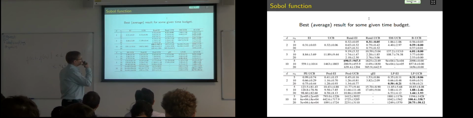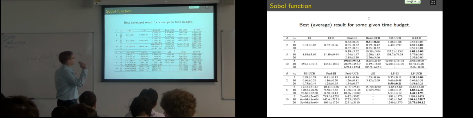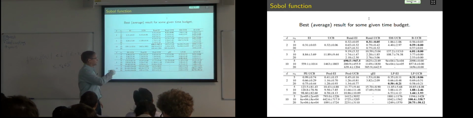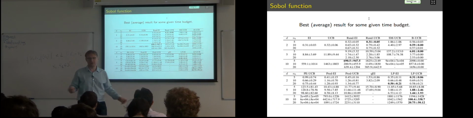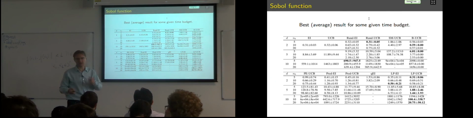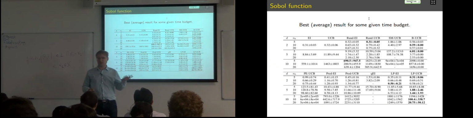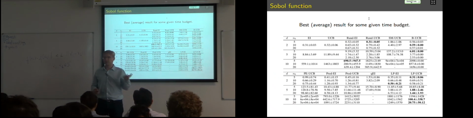So we did some experiments. Basically, we compare this with, I hope, almost all methods to do parallel Bayesian optimization in the literature. And what we did was to compare this in terms of the computational time that you need to get the optimum of the function.